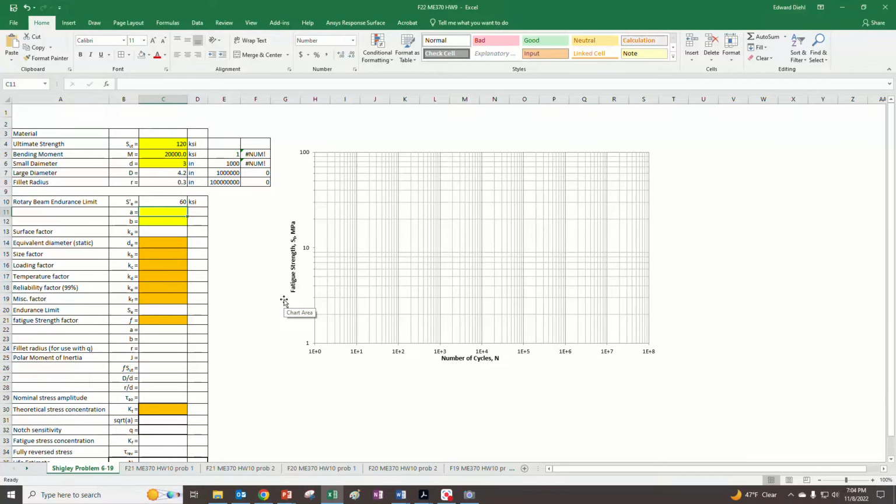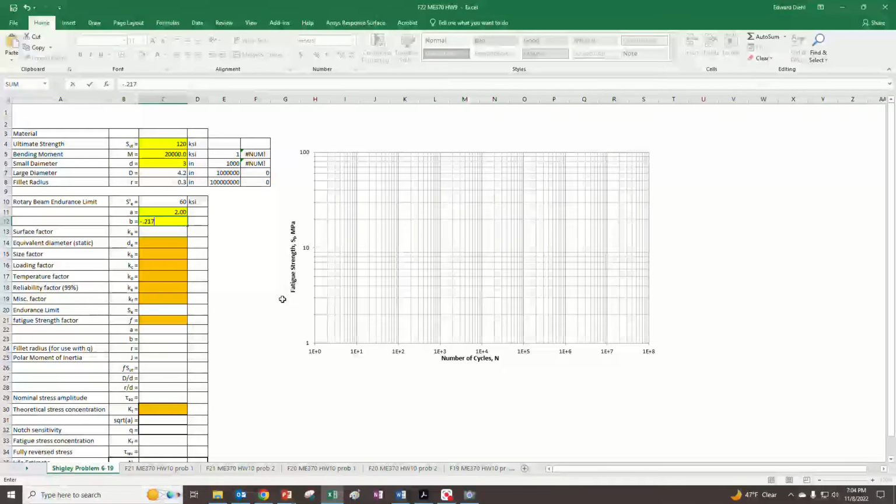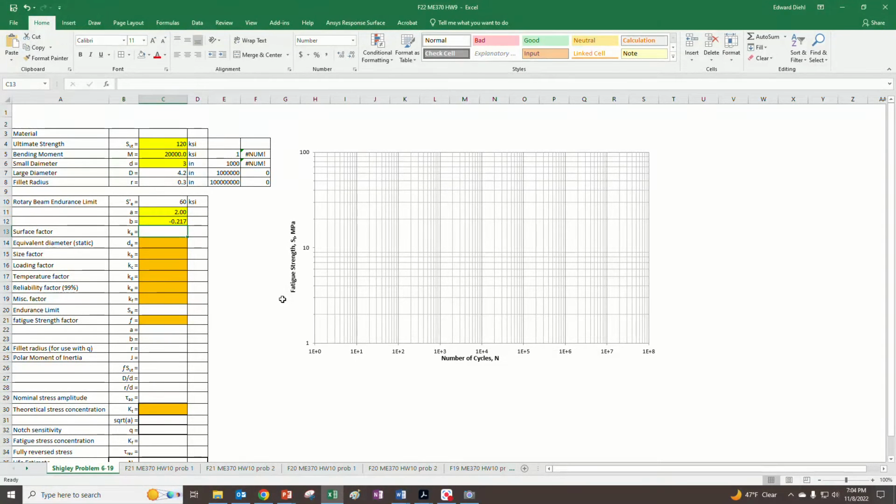But I looked it up, and we had 2.0 for that A and a negative 0.217 for the B. And so this ends up being that times this raised to this. Boom. And so that's what I got.